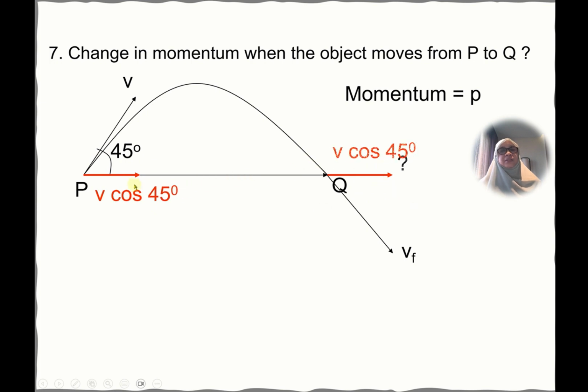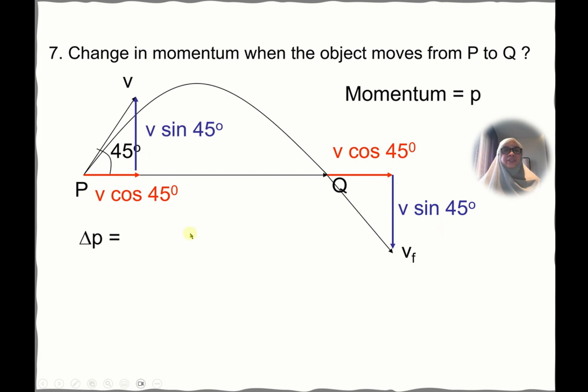Then for the vertical component, it will be V sin 45 degrees. Same, only the direction is different for the initial and final.